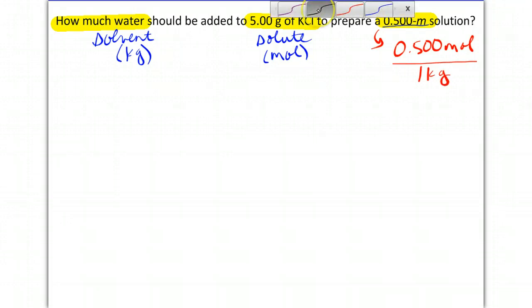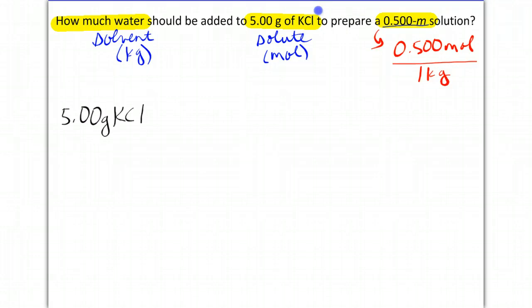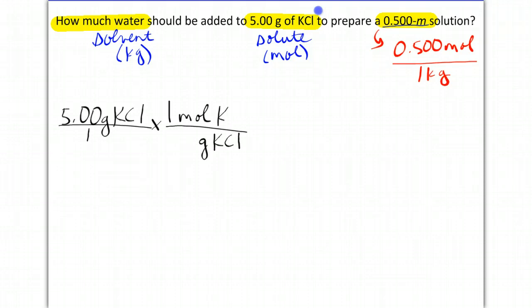So we'll start by taking our given 5.00 grams potassium chloride, put it over 1, bring down grams of potassium chloride, and we're going to go to a mole. 74.55 grams of potassium chloride equals 1 mole. So now grams cancel and I'm at moles.